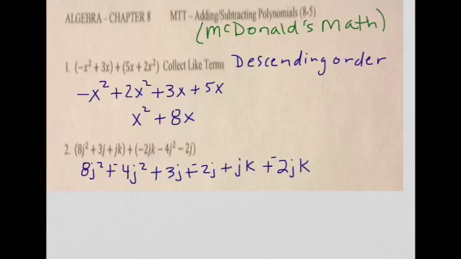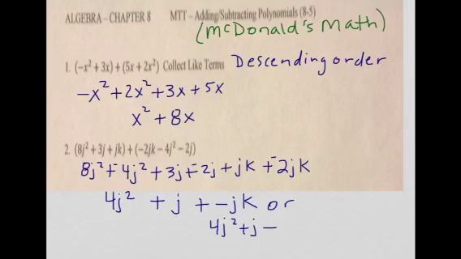So we're going to have 4j squared plus j plus negative jk. And because we have a plus negative, we're going to have an or. So it's 4j squared plus j minus jk.